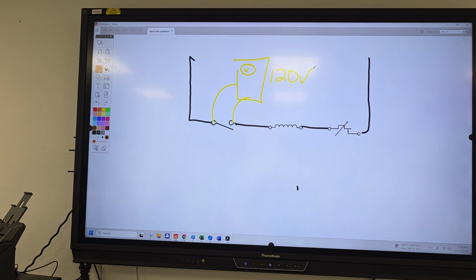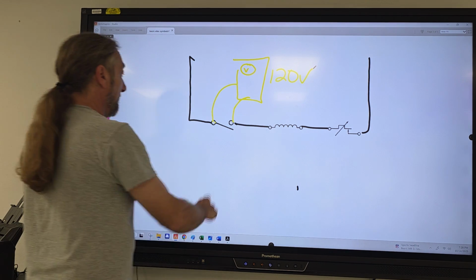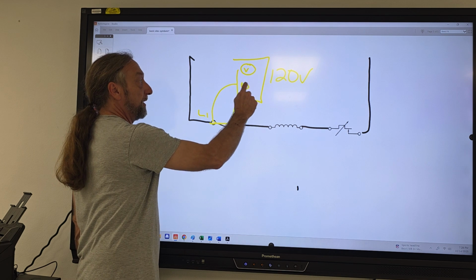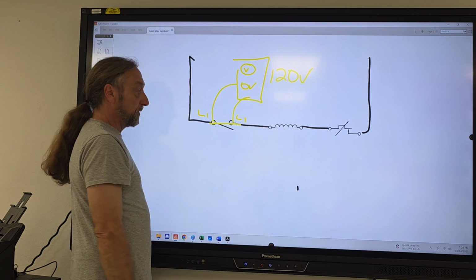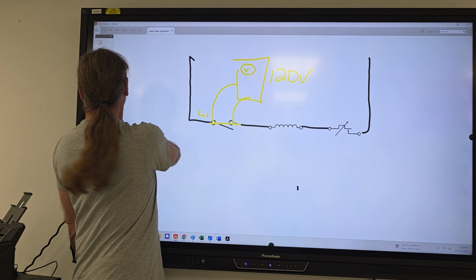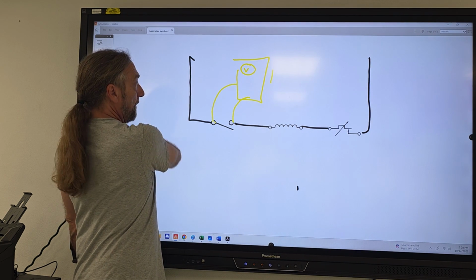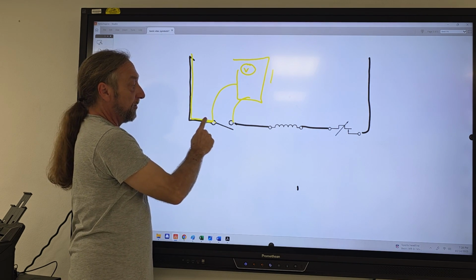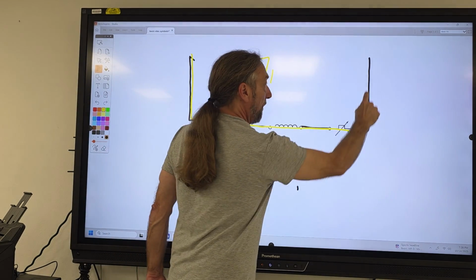If this switch was closed, like this is line 1 and this is line 1, your meter is gonna say 0 volts. But when the switch is open, line 1 stops here, and neutral feeds back through all these parts.